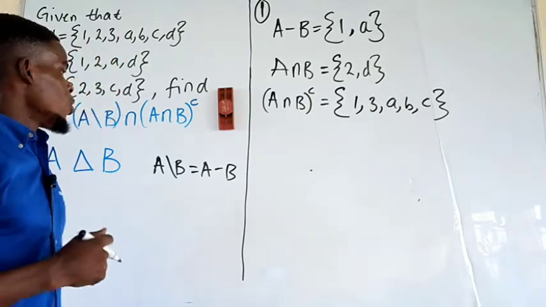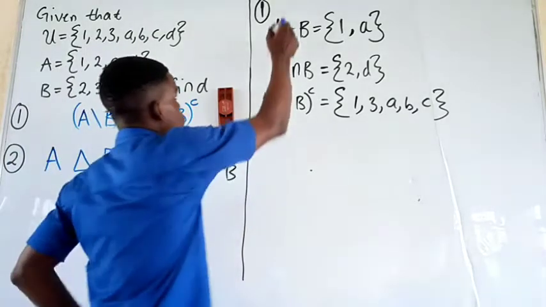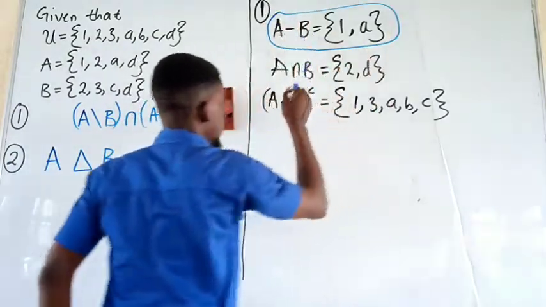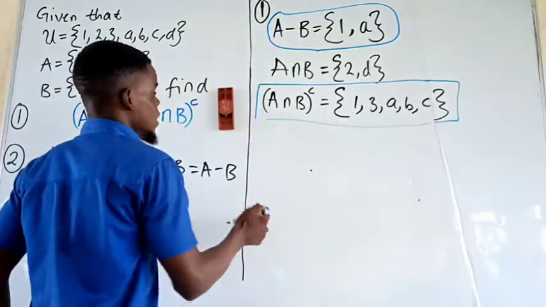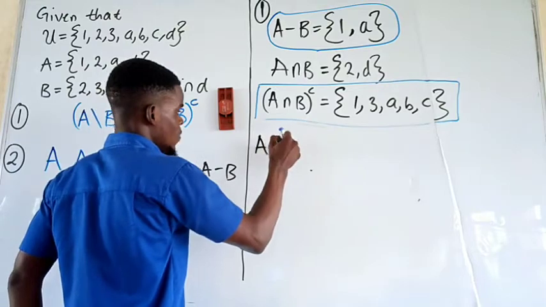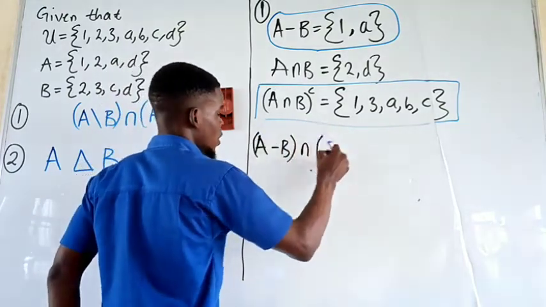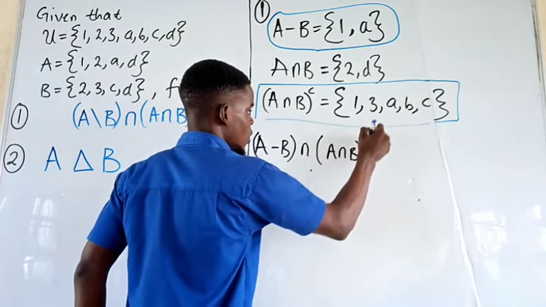All in all, we now need to intersect these two new sets: this one, A minus B, which is the same as A backslash B, and this other one here. So we have A minus B, then intersection (A intersection B) complement.